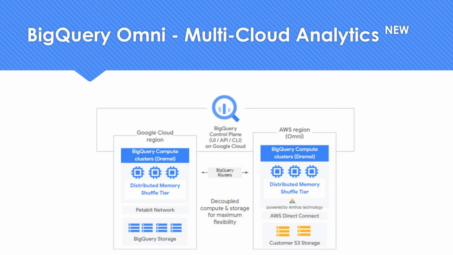Basically, you can have an AWS S3 storage bucket, the Google Cloud Storage equivalent, and have the data in S3. Then you connect between your AWS and GCP, then start querying the data which is there in the S3 bucket. That way you have a multi-cloud analytics platform built in.